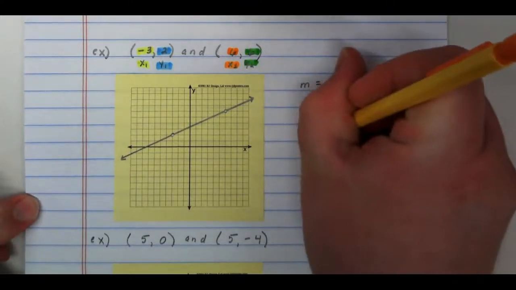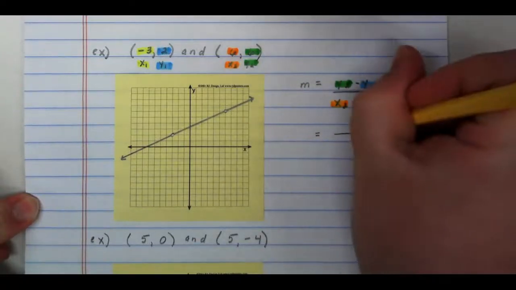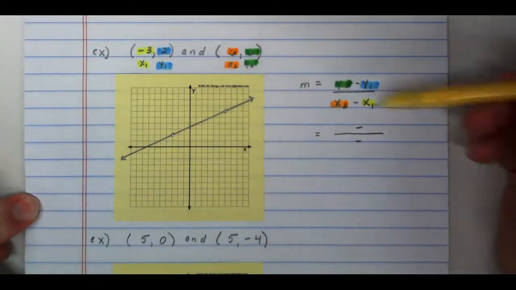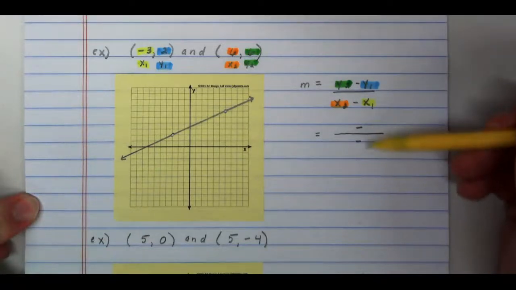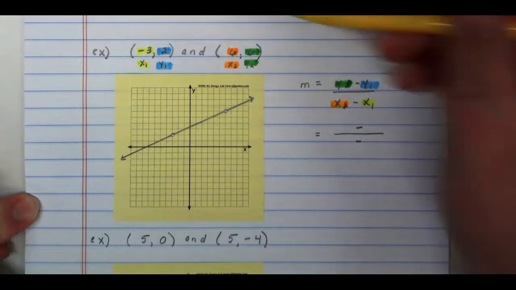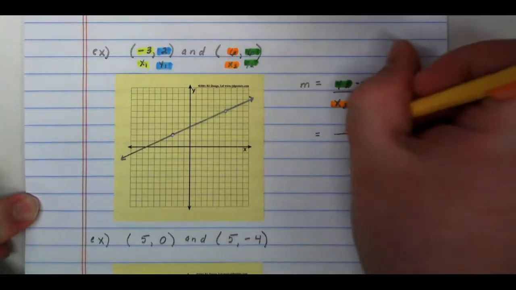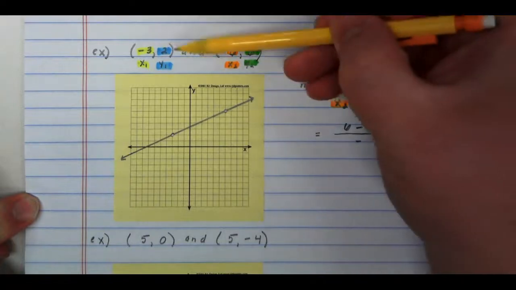So the slope formula involves a fraction where there's subtraction in the numerator and subtraction in the denominator. So I'm just carrying these signs, and I like to consider this sort of like the framework. So the green y2 goes first. That happens to be 6. Minus the y1 value, that's the blue, which is 2.